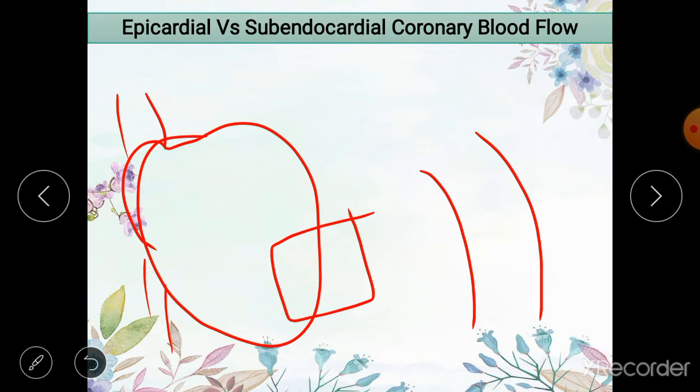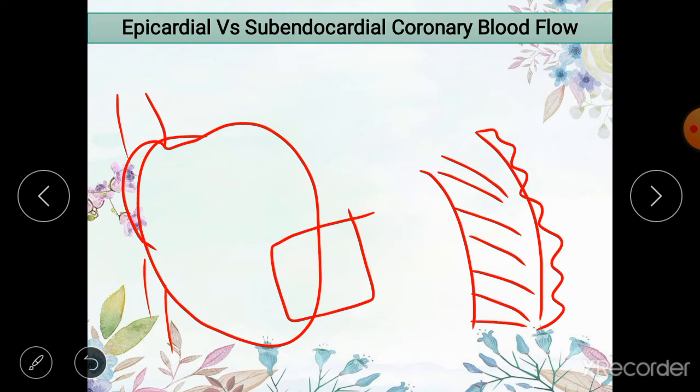The outermost layer is known as the epicardium. The epicardium lies over a thick muscular layer known as the myocardium. This is the layer which is responsible for the contractile action of the heart. Deeper to the myocardium lies another very thin layer known as the endocardium.